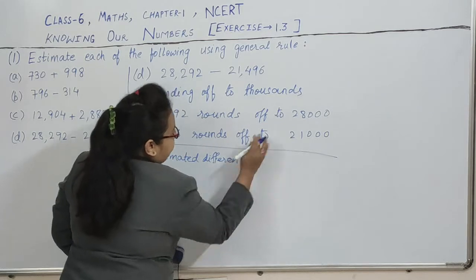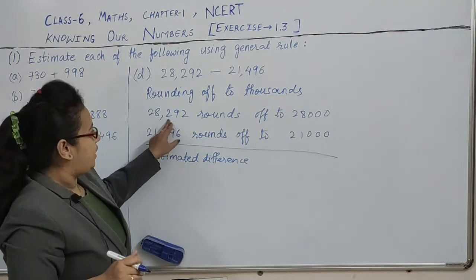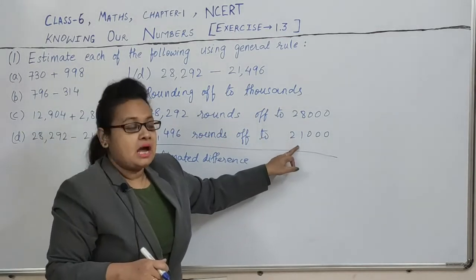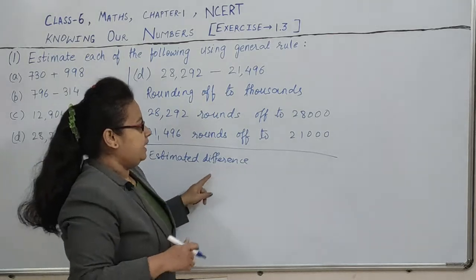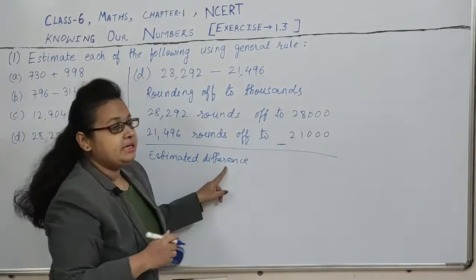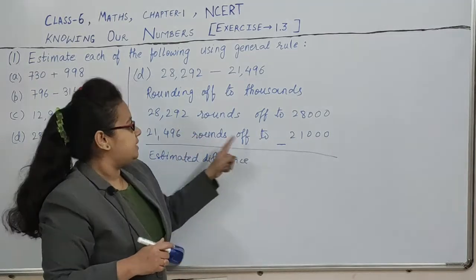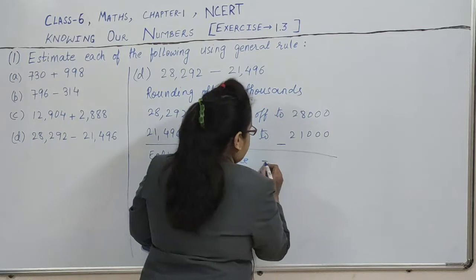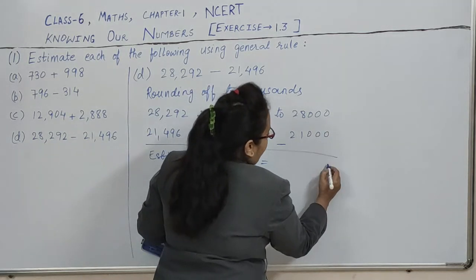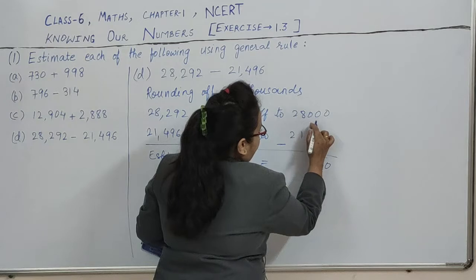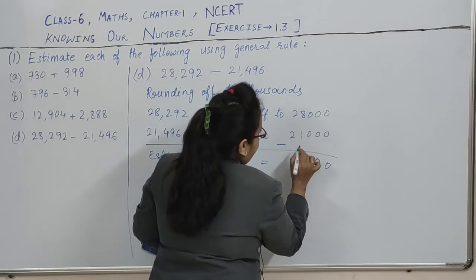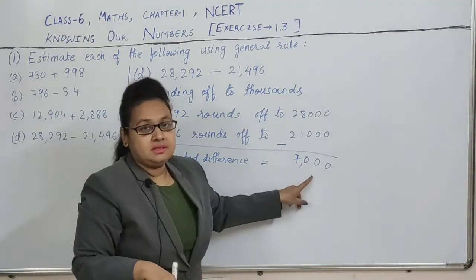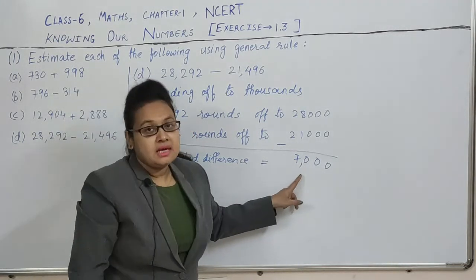After rounding off both the numbers, we will subtract them. 0 minus 0 is 0, 0 minus 0 is 0, 0 minus 0 is 0, 8 minus 1 is 7, 2 minus 2 is 0. So it is 7,000. The estimated difference is 7,000.